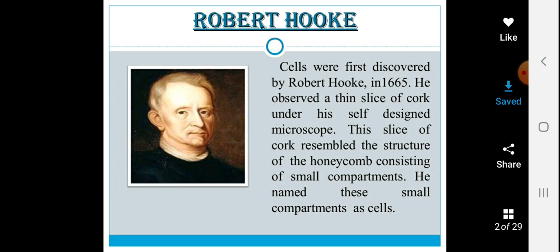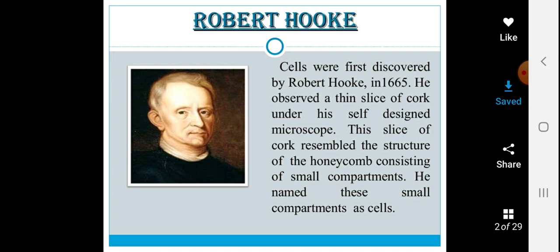Now you must be aware of the object called the microscope. Micro means so small. The instrument which is used to study and observe very tiny particles, organisms or cells is known as a microscope.